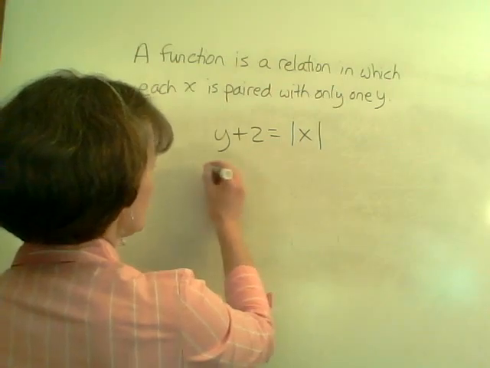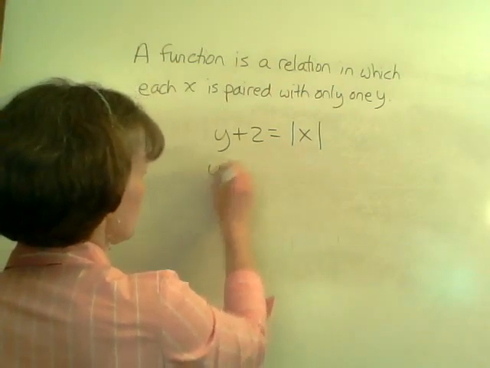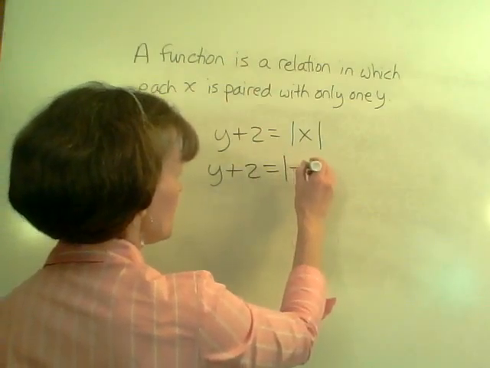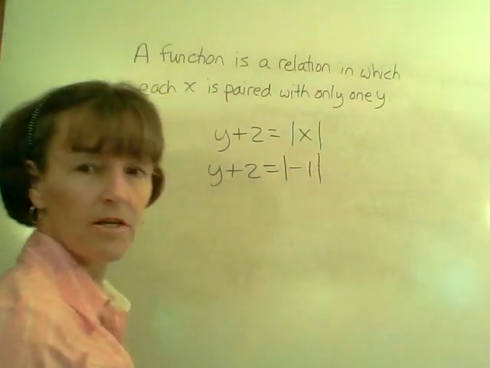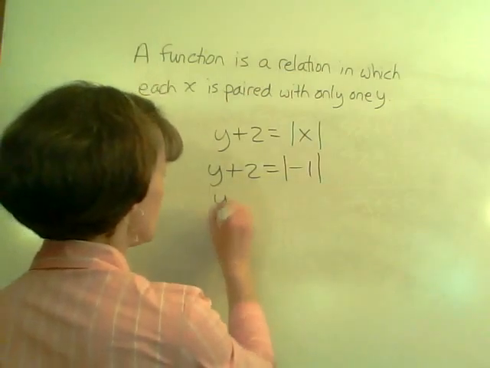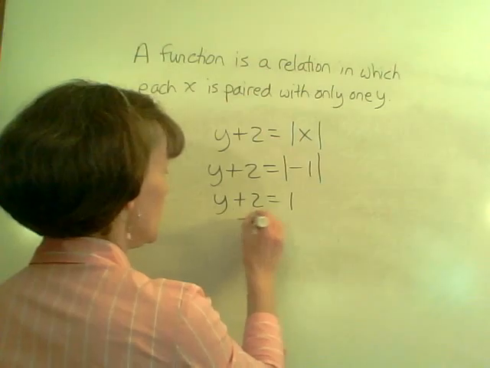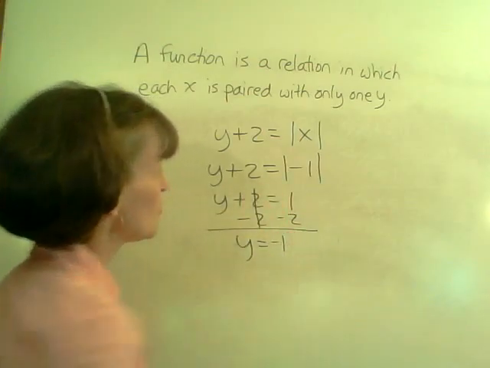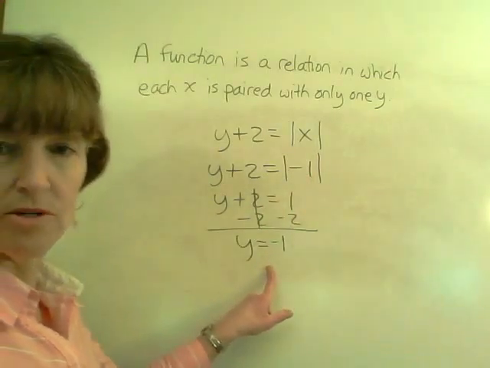All right, well let's put -1 in for x. So we have y + 2 = |-1|. Well, what is the absolute value of -1? The absolute value of -1 is +1. So this is y + 2 = 1. And when I subtract 2, then I get y = -1. So when x is -1, y equals -1.